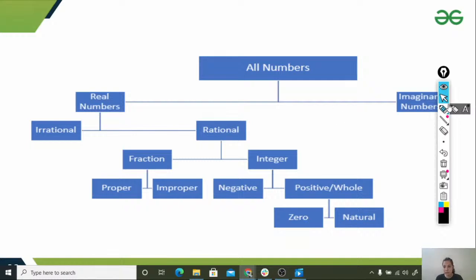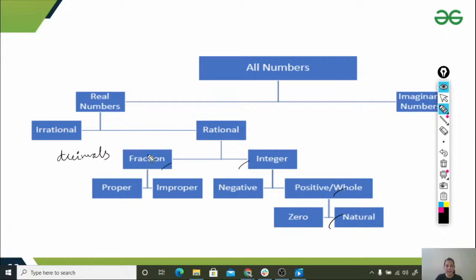Okay, so in the previous sessions I told you we covered all the types of numbers like fractions, integers, whole numbers, natural numbers, and decimals as well. So actually all these types of numbers come into the category of rational numbers. So basically real number is divided into two parts, that is irrational and rational.